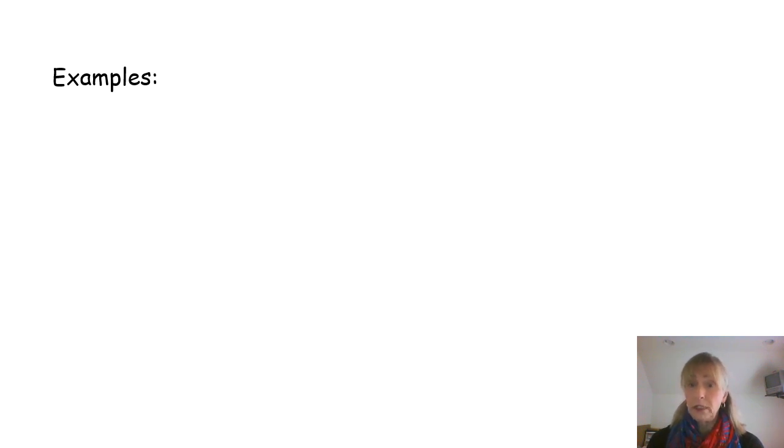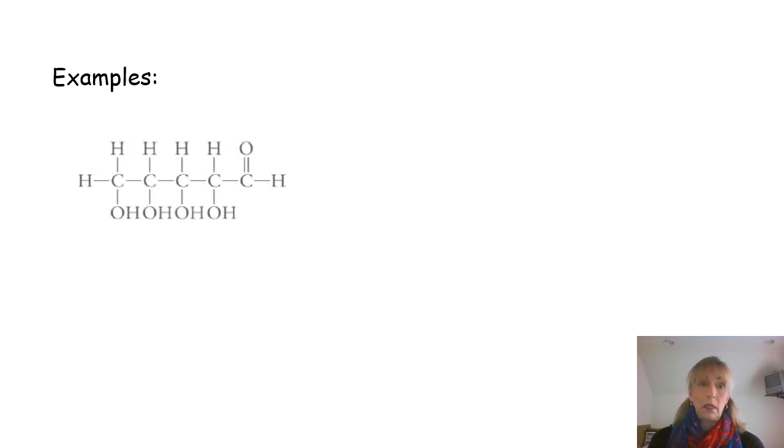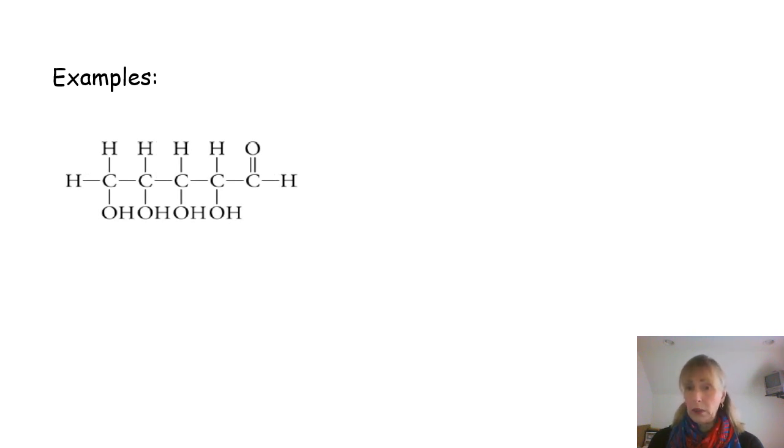Let's see if you can figure out. Okay, so let's look at this, and first off, let's pull in everything we've learned. We look at this compound and we see that it has a lot of hydroxyl groups on it, right? So it's a polyhydroxy. And there's also an aldehyde group, right?